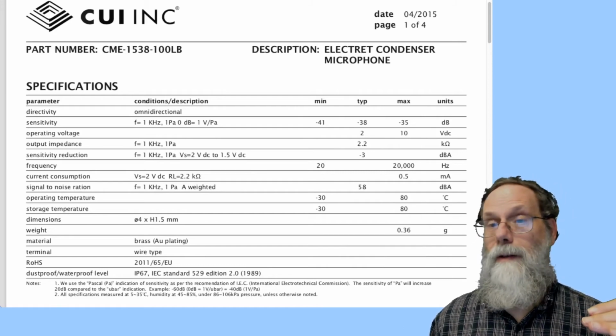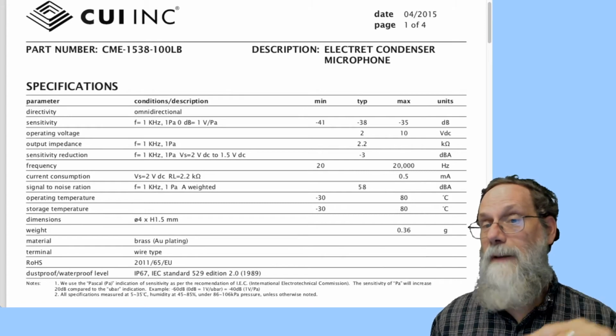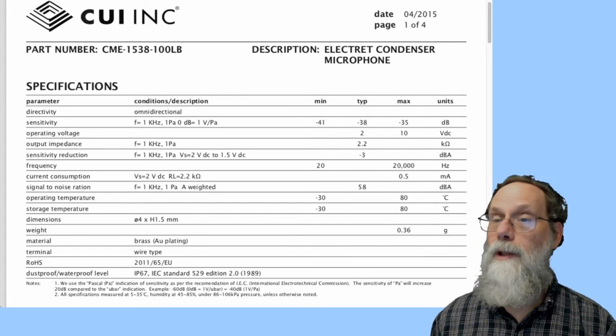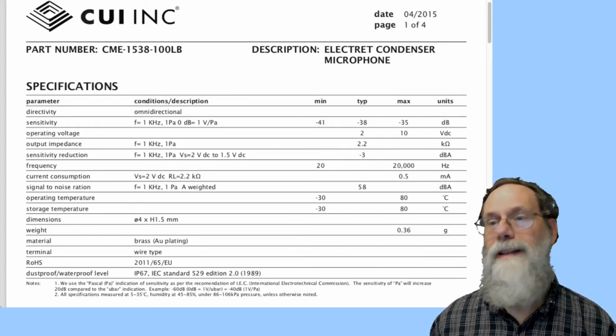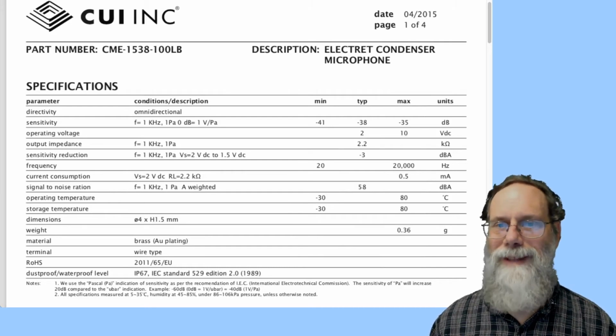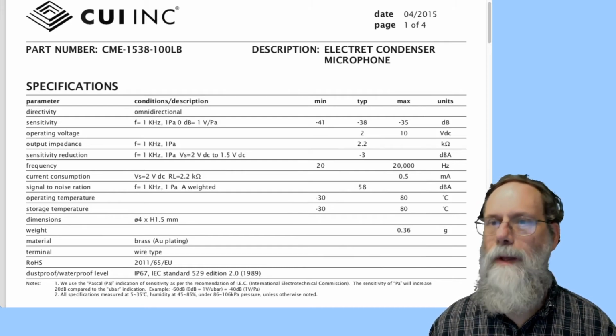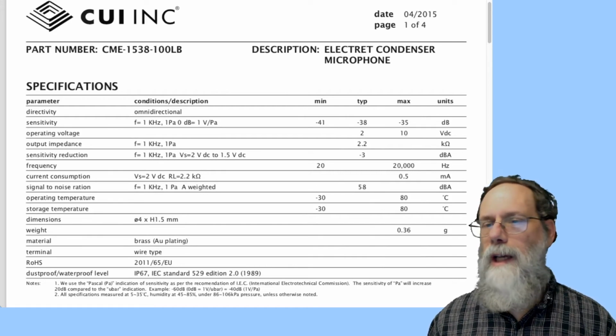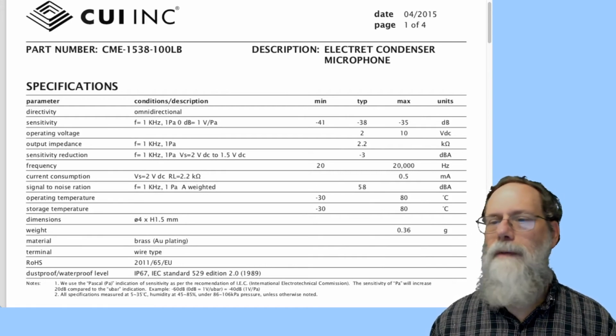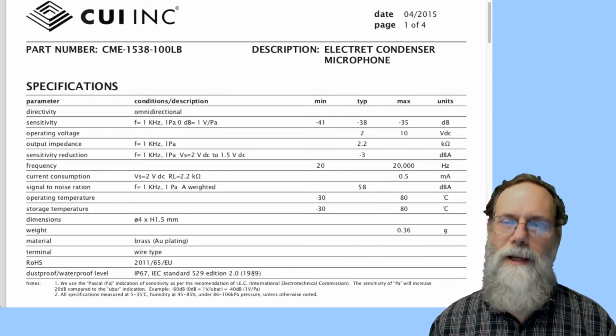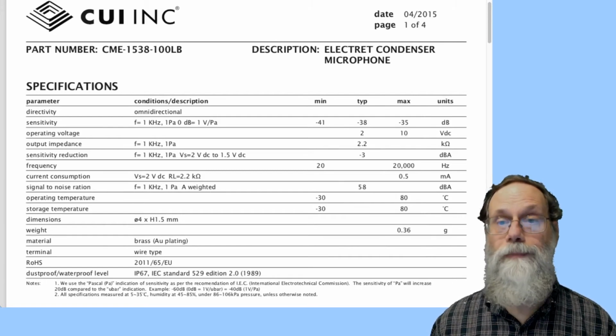And what this is saying is that if we drop down at this point, we lose 3 dB. And I say dBA here, but at 1 kilohertz, the A doesn't mean anything. So this is saying that the 2 volts was kind of on the edge of the saturation. If we drop down to 1.5 volts, we'll lose some sensitivity.